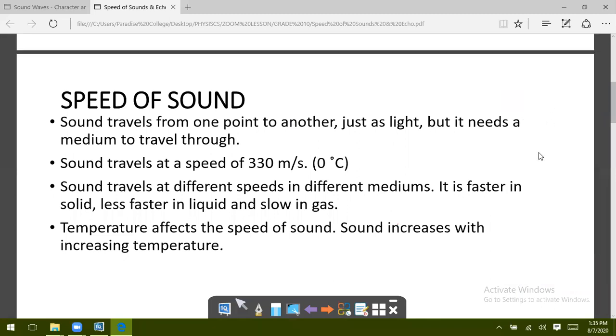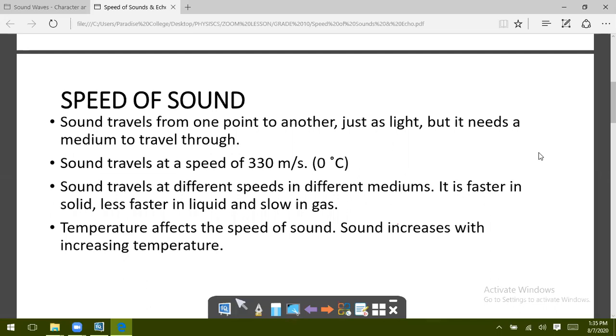So we need to calculate that speed. The standard speed to which sound travels in air is 330 meters per second. Make note of this value.